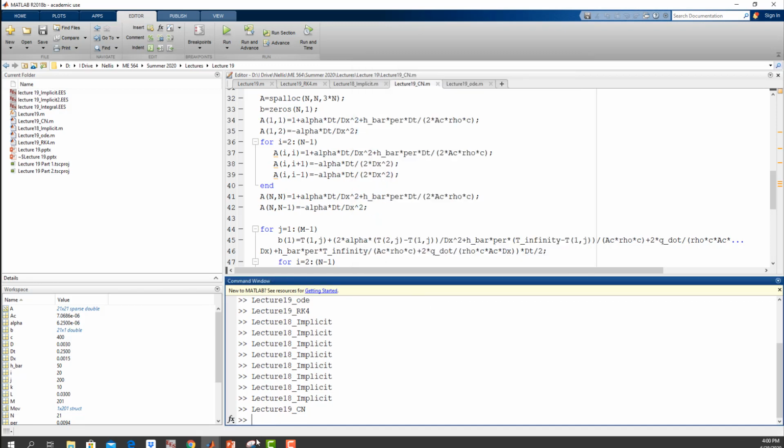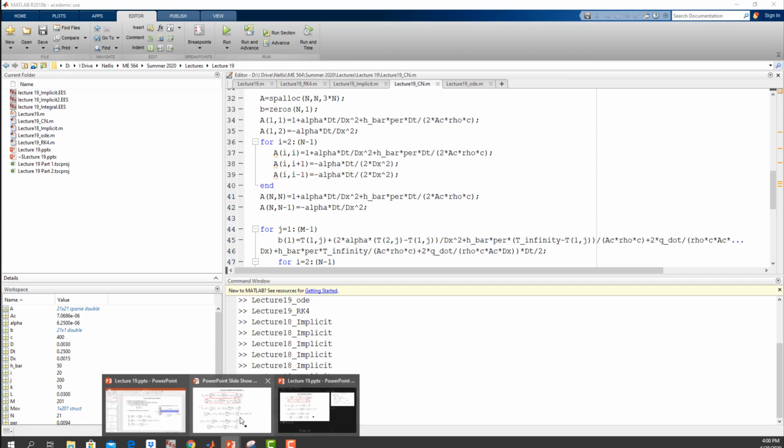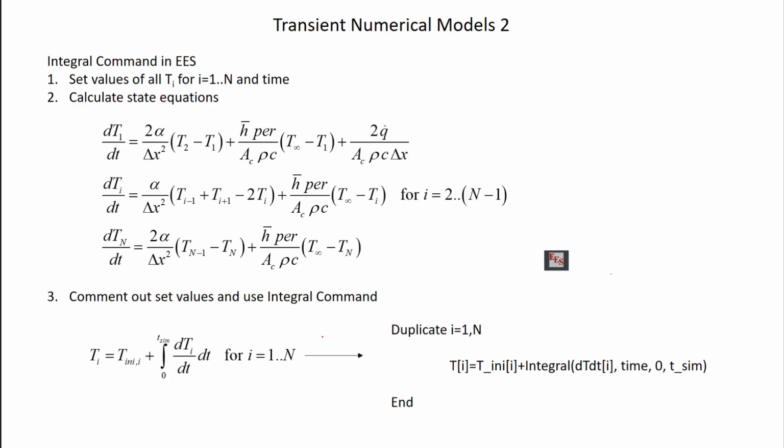Okay, so the last thing we should talk about then is using ODE solvers that are available to you in software. The two that we'll talk about, because they're all kind of the same, are doing this in EES, and also doing this in Matlab using the Matlab ODE solvers. So we'll do this in EES basically the same way that we did for the lumped capacitance problems, right?